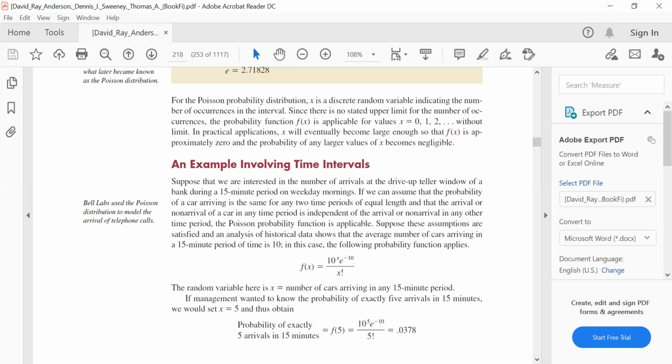Now the random variable here is x, and x is the number of cars arriving in any 15-minute period.